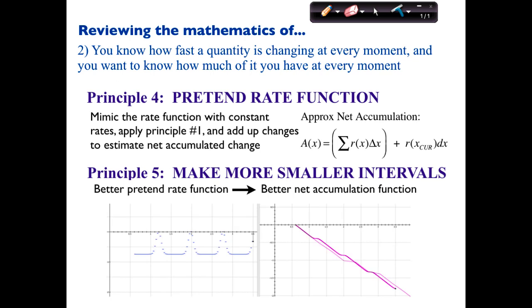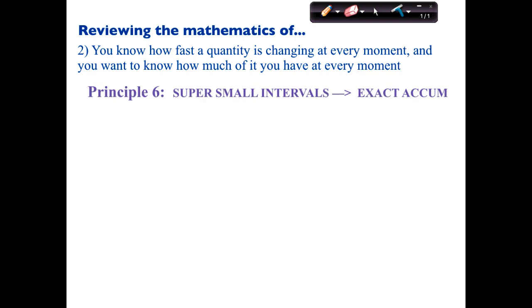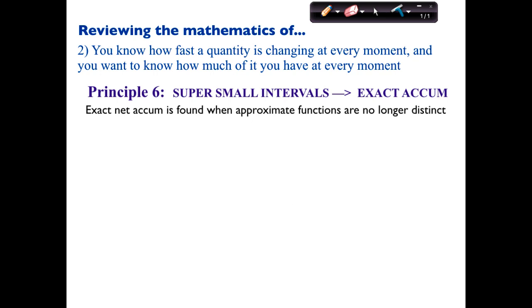So we said let's make small intervals and let's watch that approximate rate function converge onto something, until making the intervals any smaller doesn't change it anymore. And then that's when we say we're exact. Super small intervals means exact accumulation. Exact net accumulation is found when the approximate functions are no longer distinct from each other.